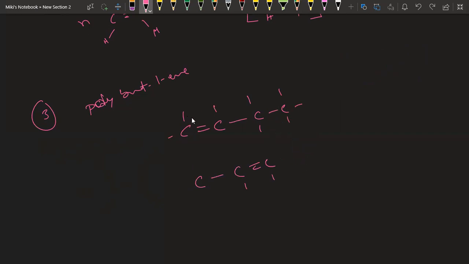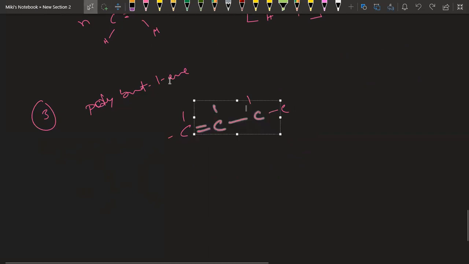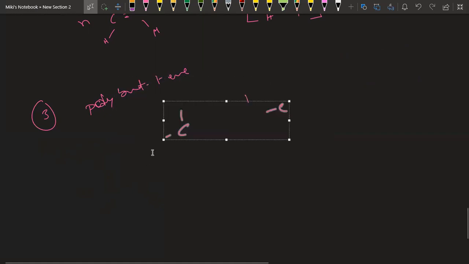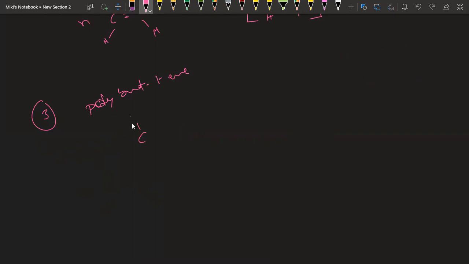So for poly-but-1-ene, we have the initial monomer as butene. But remember, you might ask why I didn't draw this C2H5 on this side, why not here?